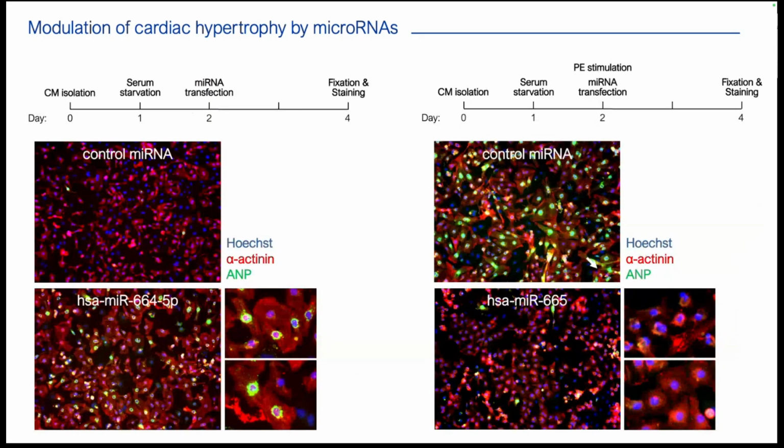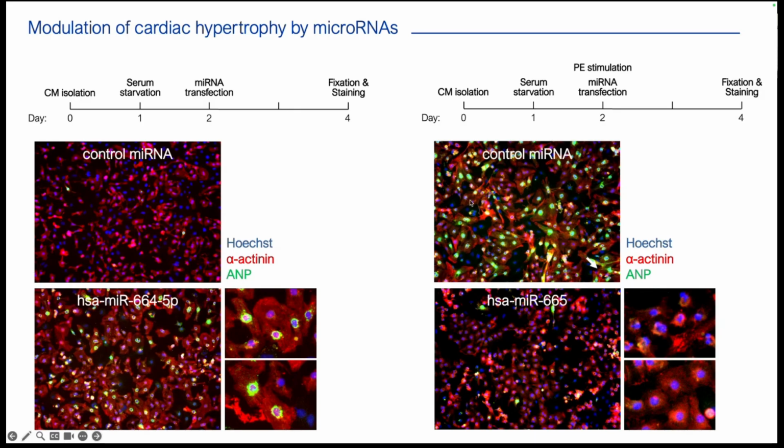And then as a secondary assay for this, looking at more specific markers, in this case ANP, that localizes in a perinuclear pattern when there is this pro-hypertrophic stimulus. And then you can see here a protocol with these microRNAs getting ANP and bigger cells.